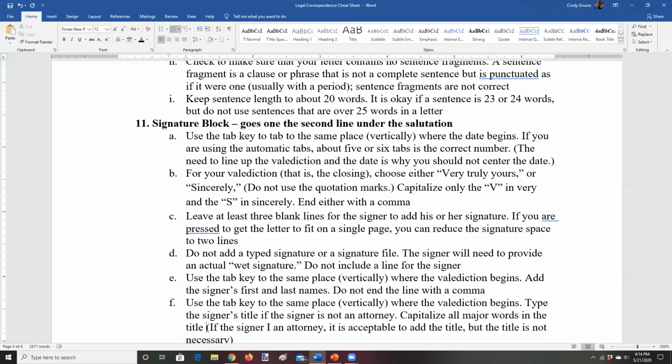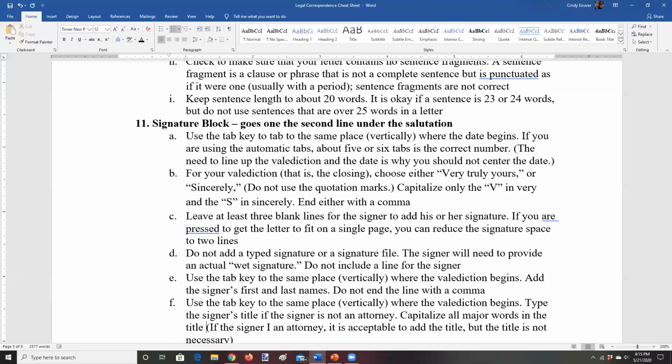If the signer is an attorney, then you're going to want to follow the practice in your law firm. The assumption is that when a letter goes out under law firm letterhead, the signer is an attorney unless the signer tells the reader that he or she is not an attorney. So technically you don't have to have a title underneath the attorney's name in the signature block.